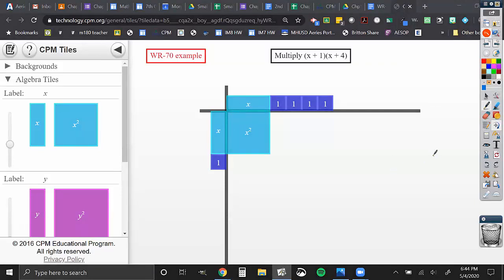Long edges can go against long edges, and short edges can go against short edges, but you can't do long against short. So if I know that this is long, that's got to be x squared.